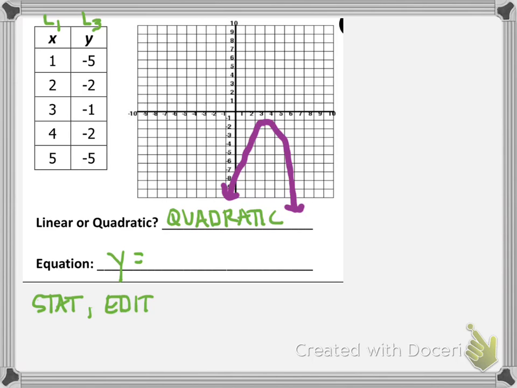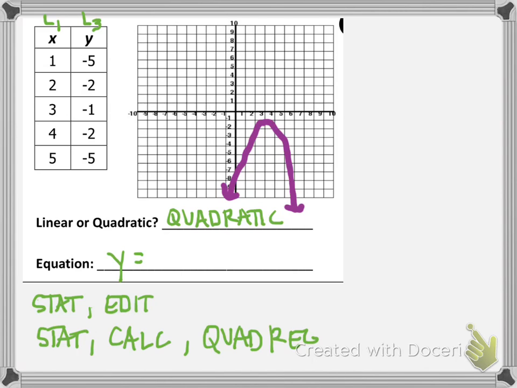Okay, and since I see that it's quadratic, I'm going to click back on Stat, go over to Calc, and go down to Quadratic Regression. Make sure your X values are in list 1, your Y values are in list 3, and then go to Calculate.